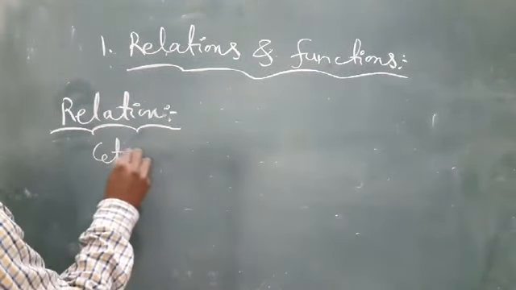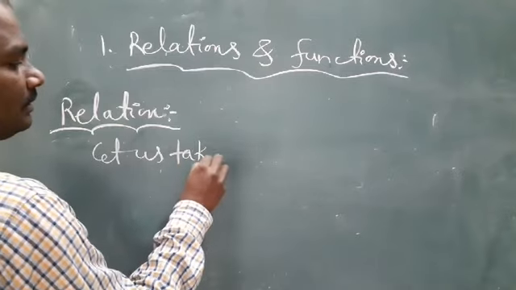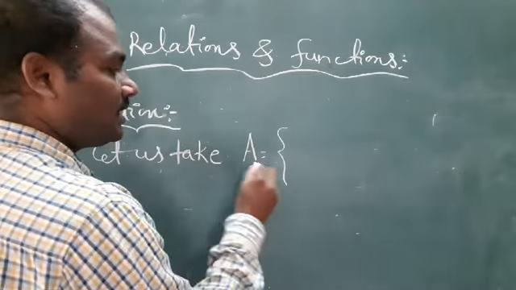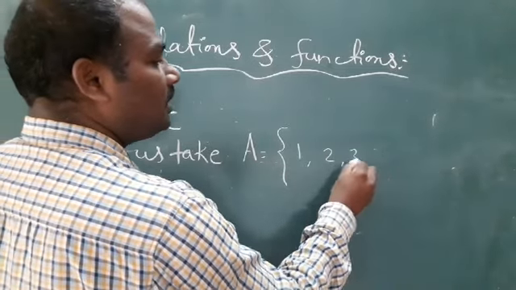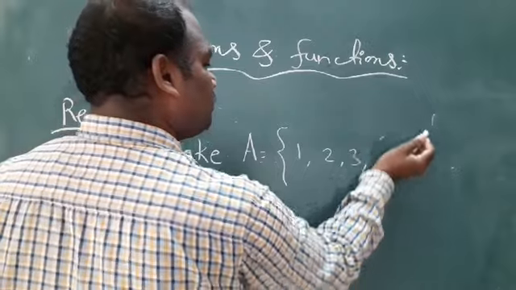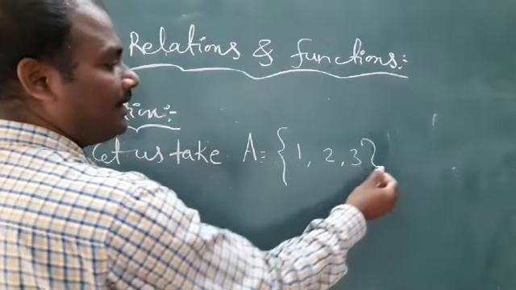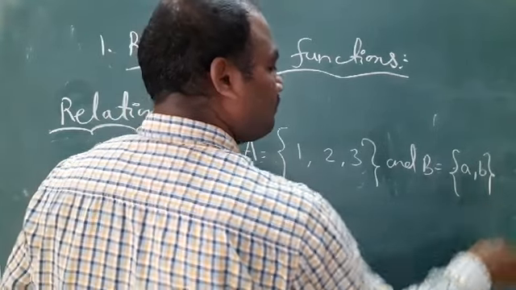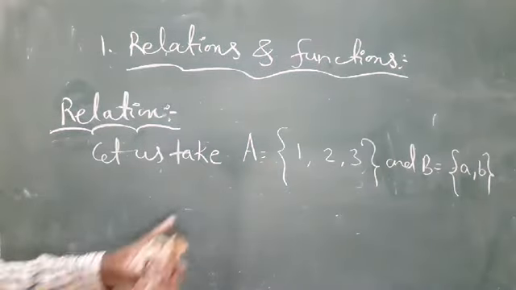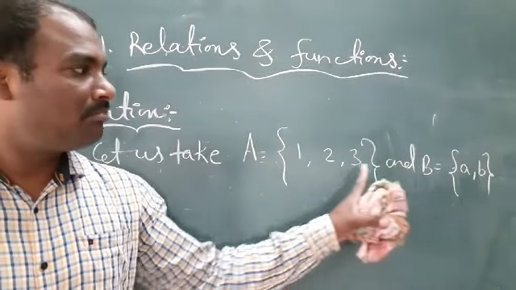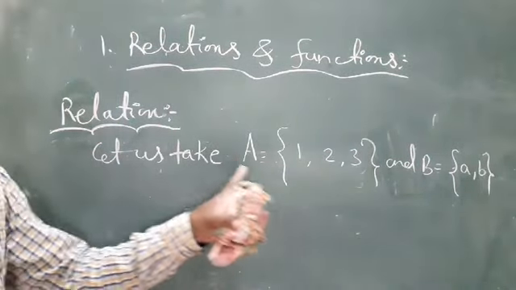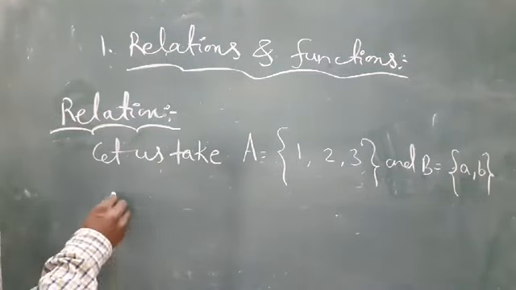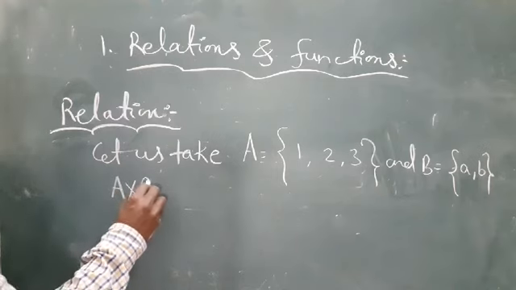Let us take set A = {1, 2, 3} and second set B = {a, b}. These are two non-empty sets. You can take the Cartesian product of A and B.